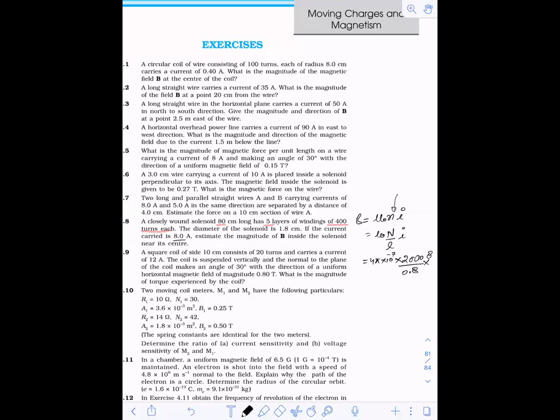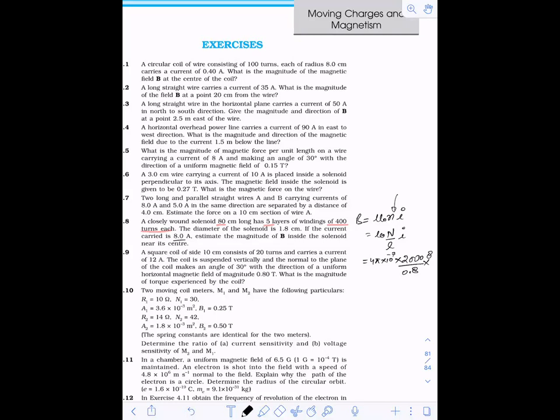Okay. A square coil of side 10 centimeter consists of 20 turns and carries a current 12 ampere. Fine. The coil is suspended vertically and the normal to the plane of the coil makes an angle of 30° with the direction of a uniform horizontal magnetic field, whose magnitude is given to me.